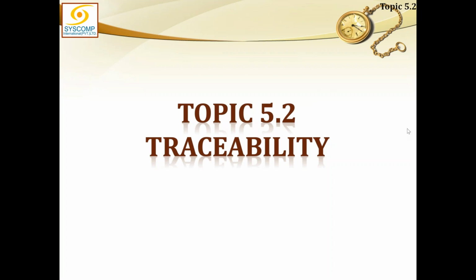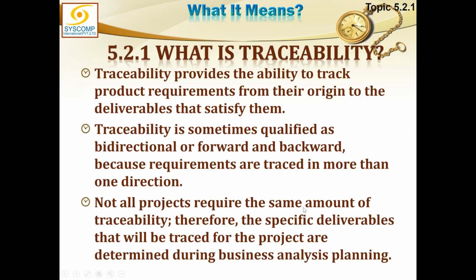So I'm moving ahead with traceability. Traceability is 5.2, and the first topic in it is what is traceability? 5.2.1. Traceability provides the ability to track product requirements from their origin to the deliverables that satisfy them. Now you can establish the complete chain. The chain starts from the source and it ends at the deliverable that will satisfy the stakeholder.